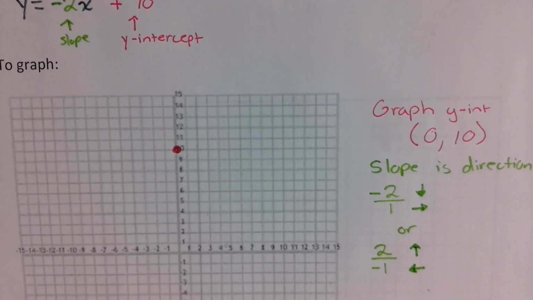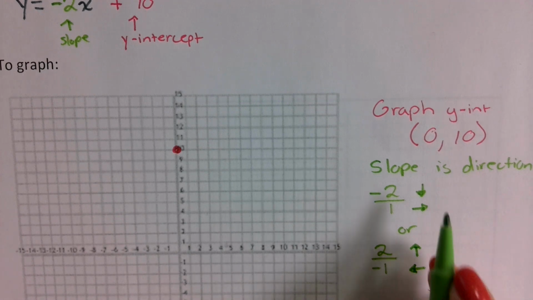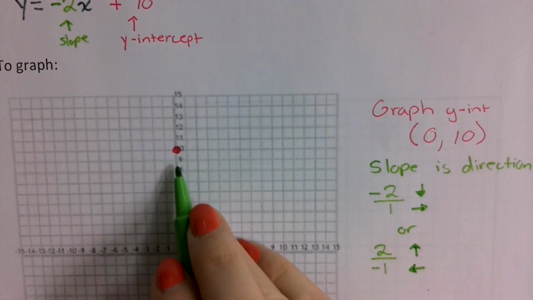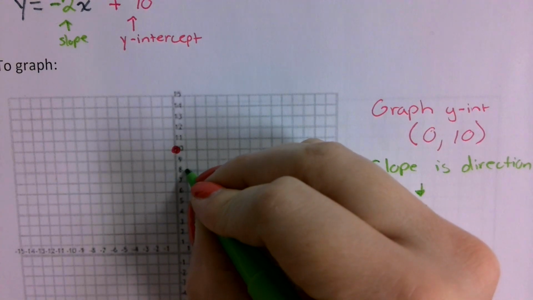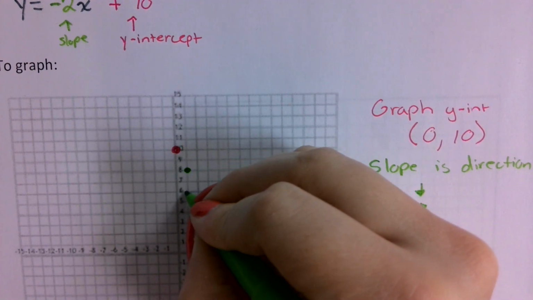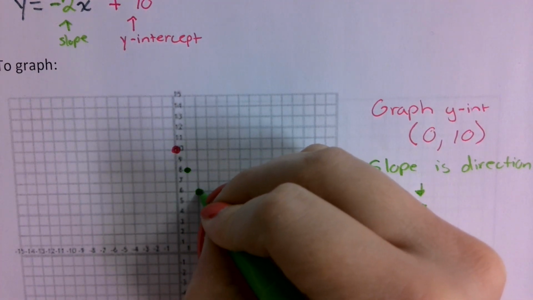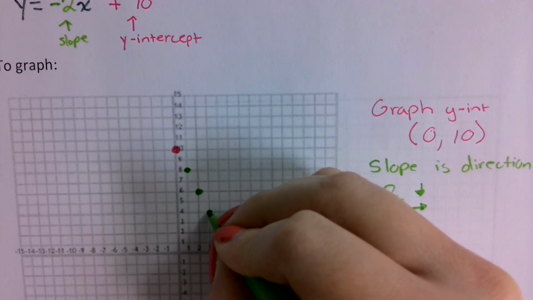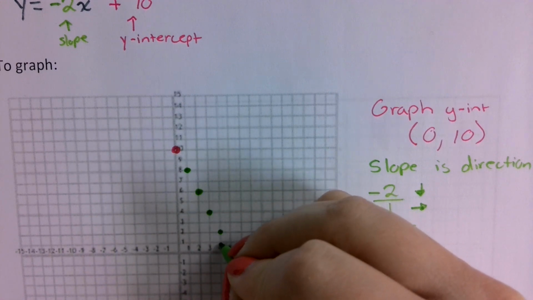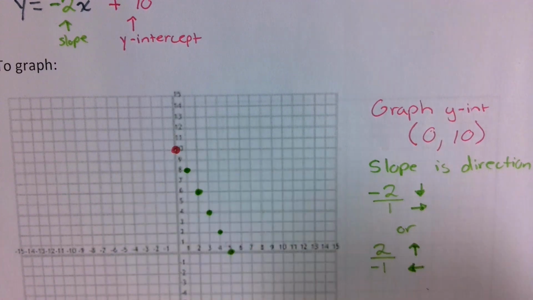You always want to do multiple points in both directions when graphing. So we'll first go down 2 to the right 1, down 2 to the right 1, and you could do this as many times as you need.